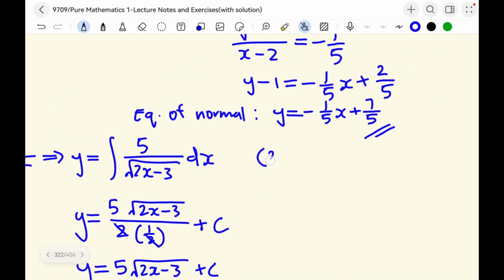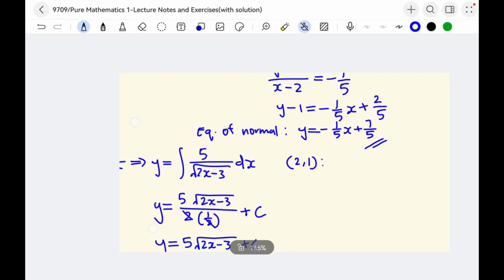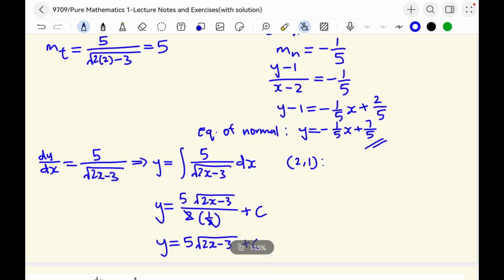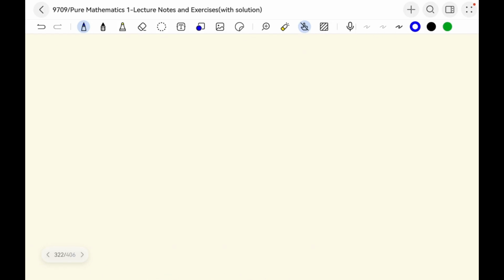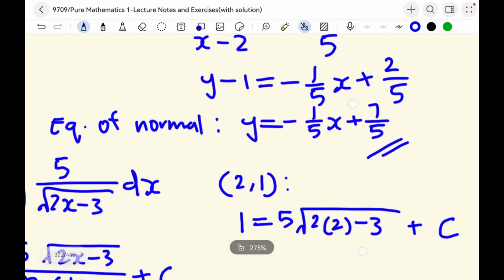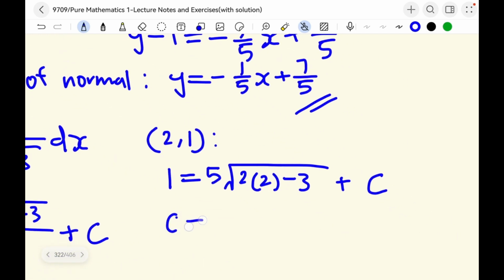So given the point is (2, 1), the expression can be written as 1 equals 5 times the square root of 2 times 2 minus 3, plus c. And now, let's get the constant c in real numbers.